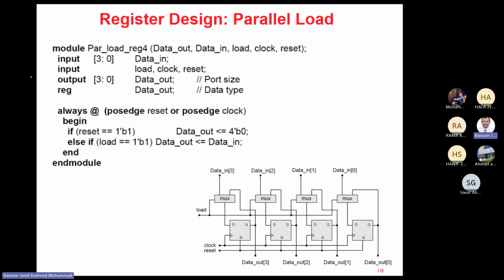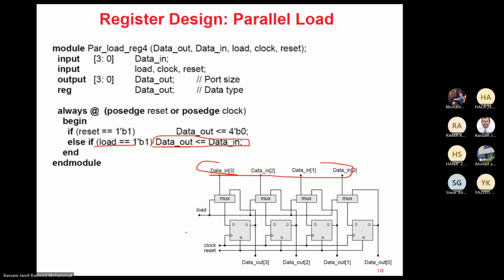Here is a register where we can load data. If load equals 1, then the register gets data in. This is the parallel load. And what happens if I don't have load?